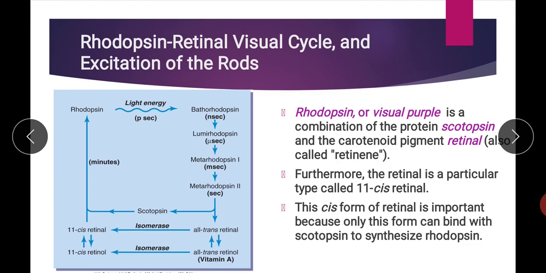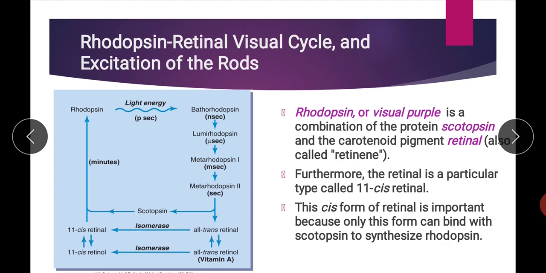Now in this visual cycle, some changes occur in the structure of rhodopsin when a light photon strikes the rod. The rod is made up of an outer segment, inner segment, nucleus and synaptic body.